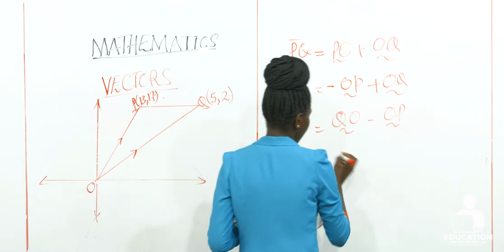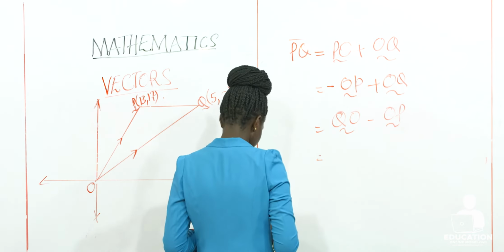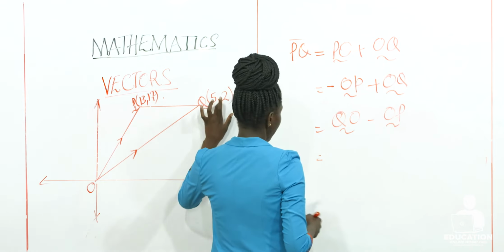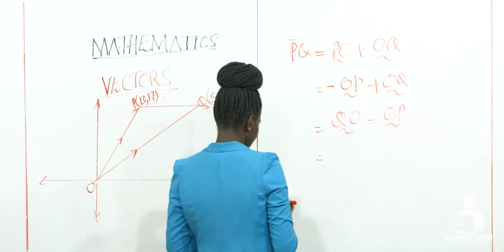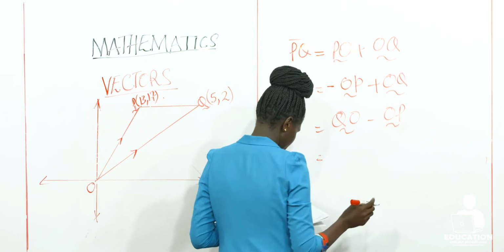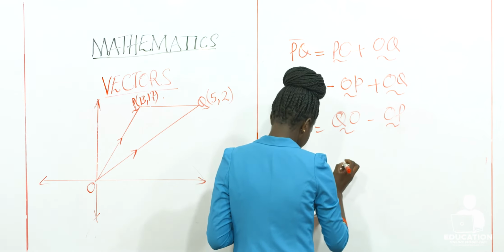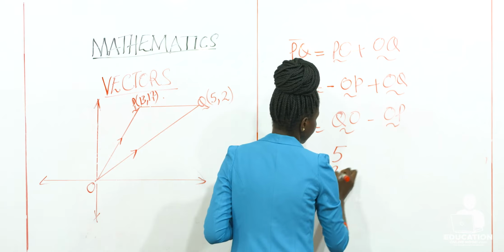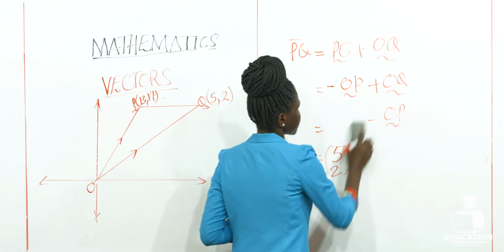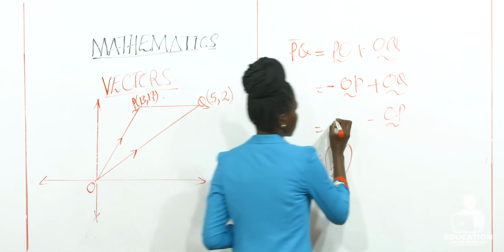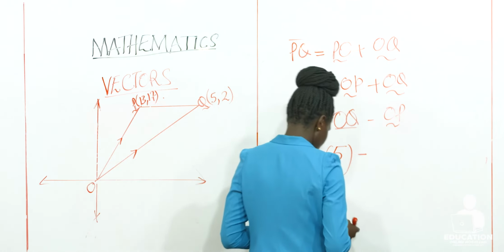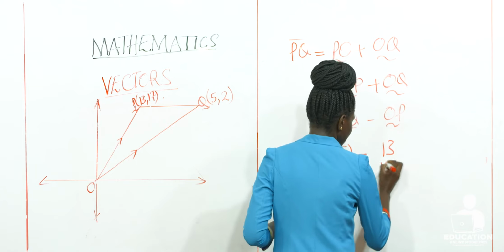But what are our given values? Our OQ is (5, 2) and our OP is (13, 17). So here we're going to have our OQ, which is (5, 2). Sorry, this should be OQ, not QO. So we shall have OQ here, and the value is (5, 2) minus the OP, which is (13, 17).